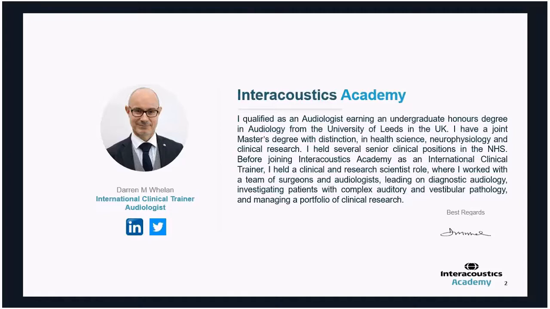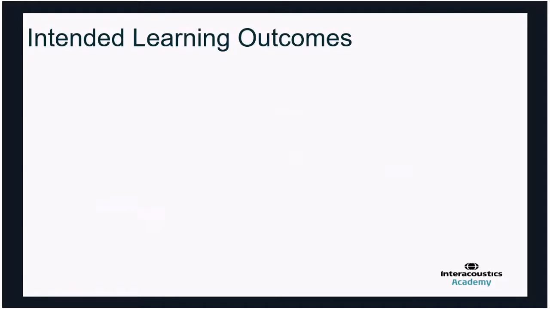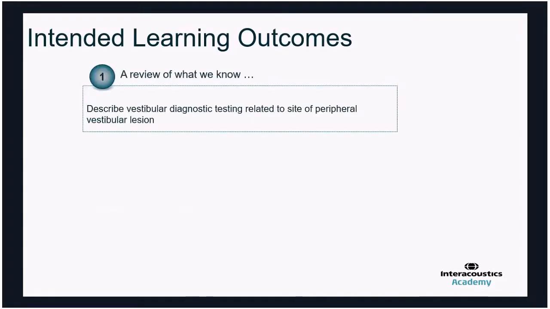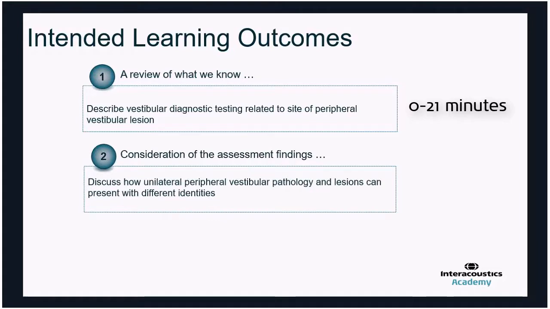This morning's presentation is really looking at what we already know with regards to vestibular diagnostic tests, and to think of these again in terms of what they tell us in relation to the peripheral vestibular lesion, but then also consider what those findings might actually mean when we start to think about vestibular pathology presenting with different patterns.